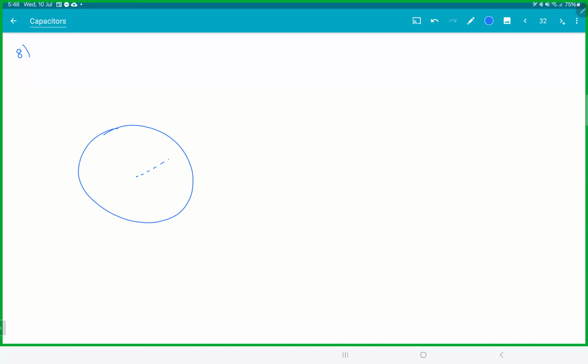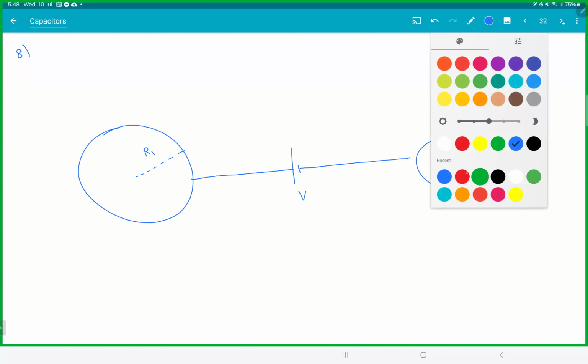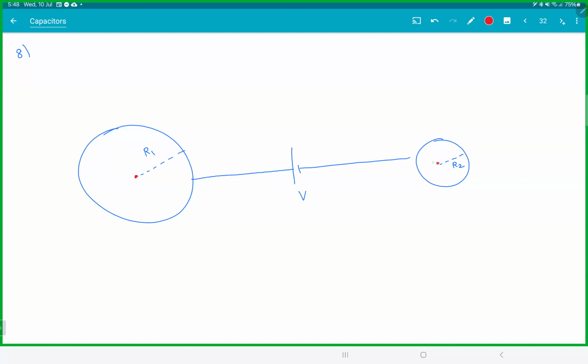So we have a hollow shell, R1. We have another hollow shell, R2. Both are connected by a battery of voltage V. The distance from center to center is L. L is much, much greater than R1 and R2, so you can treat them as pretty far apart.